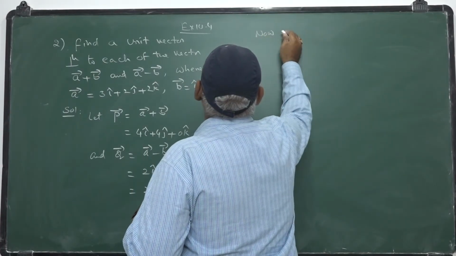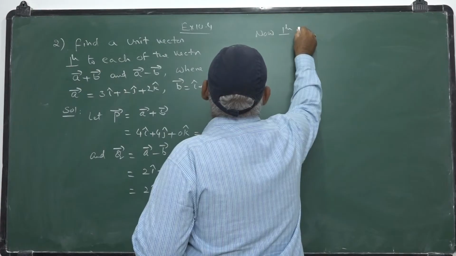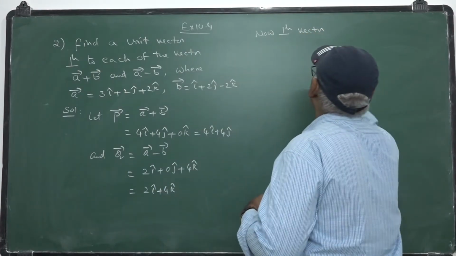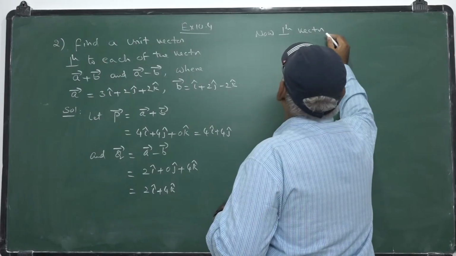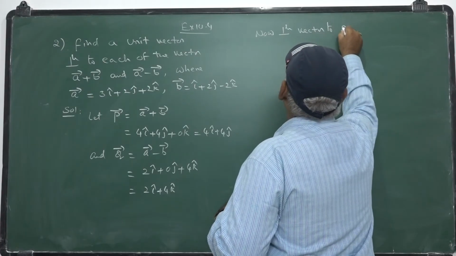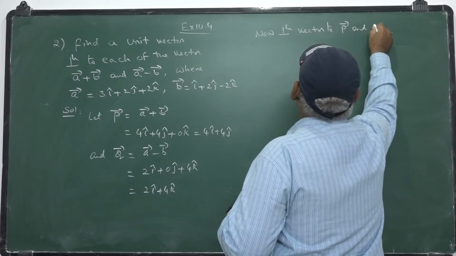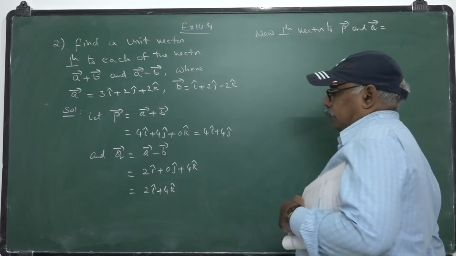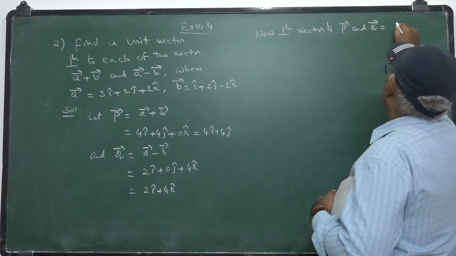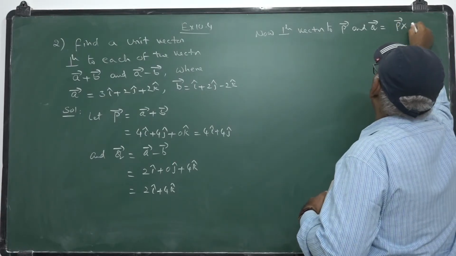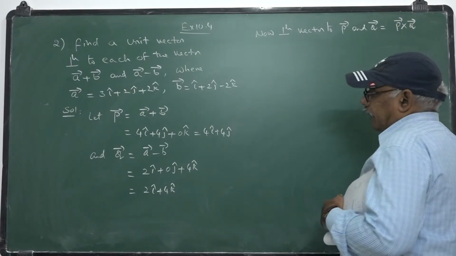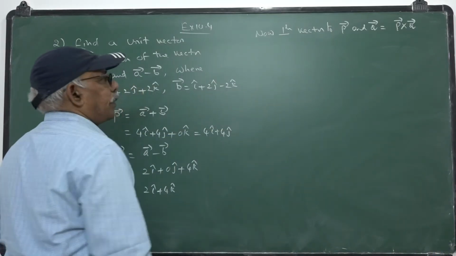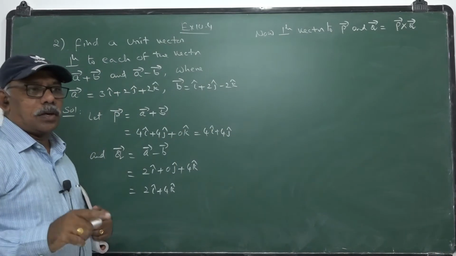Now the perpendicular vector to p bar and q bar. The vector which is perpendicular to both p bar and q bar may be considered as p bar cross q bar.